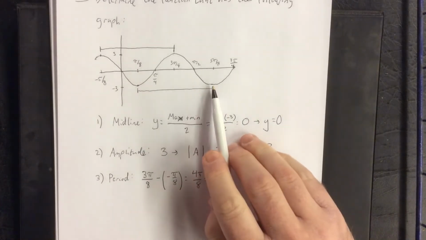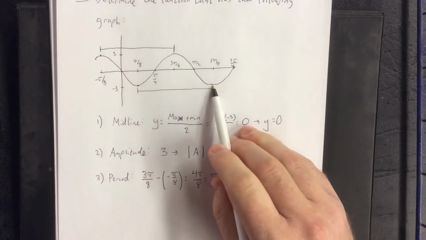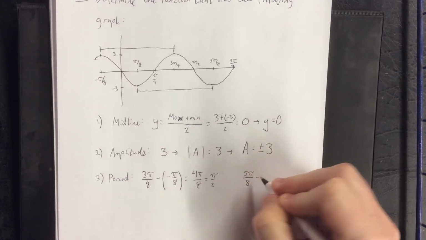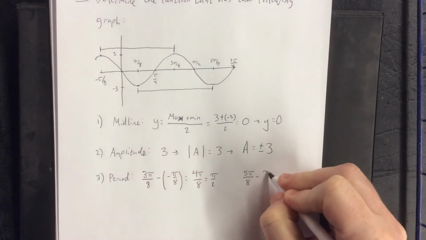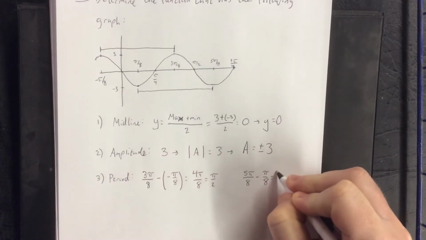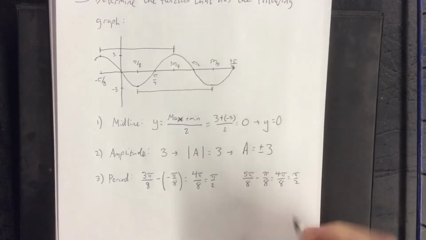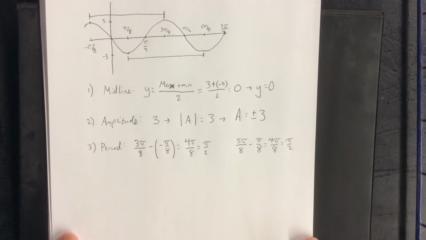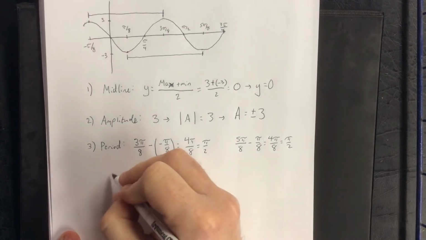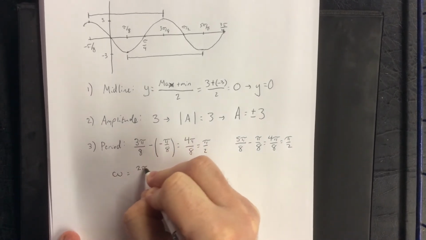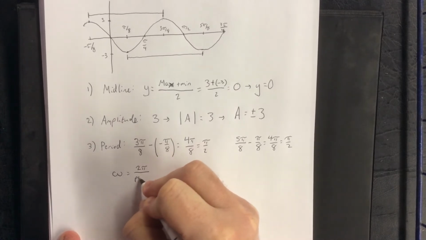Whereas if I were to go from minimum to minimum, the period would end at 5 pi over 8, and it would begin at pi over 8. Performing that subtraction gives me the same result of 4 pi over 8, which reduces down to pi over 2. Now, pulling a formula from the previous video, omega is going to be equal to 2 pi divided by whatever the period is.